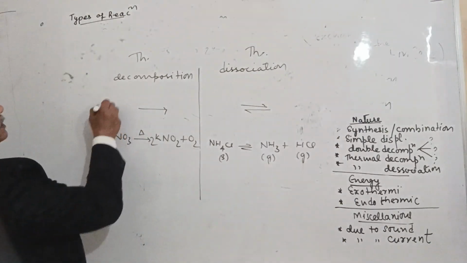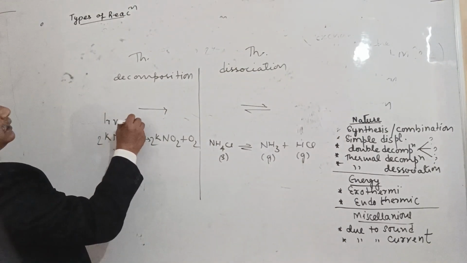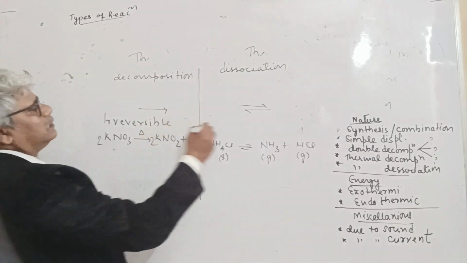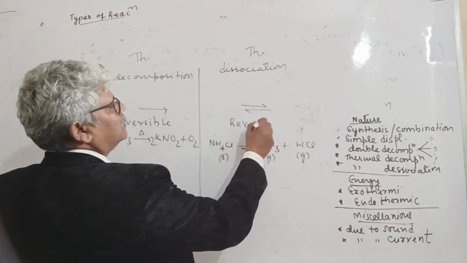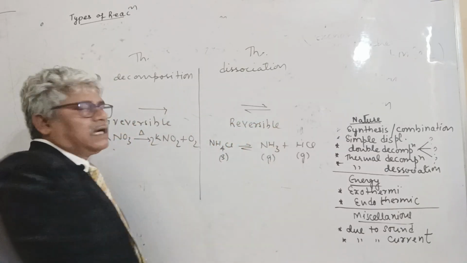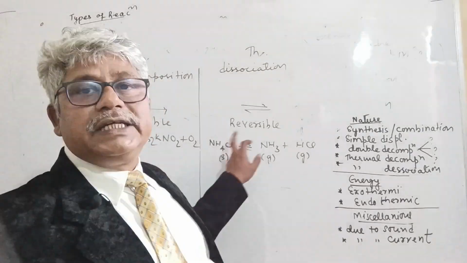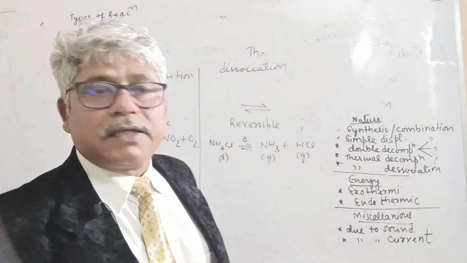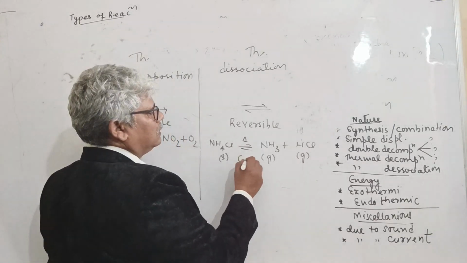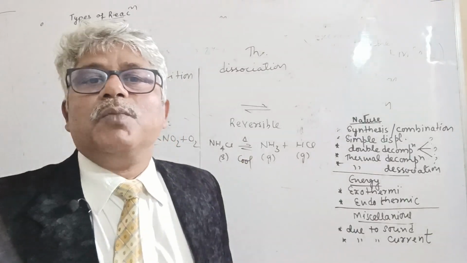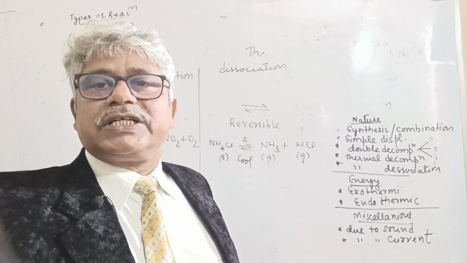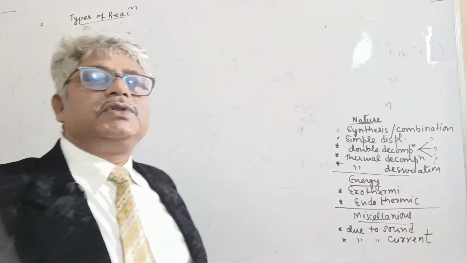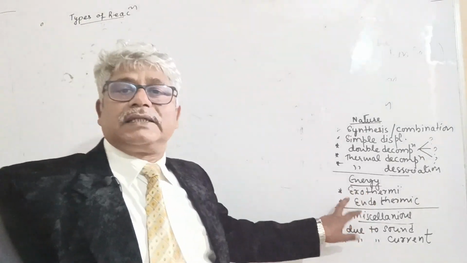So you can write these are irreversible, these are reversible. That is, when the condition changes, if you are heating, it is giving ammonia and HCl, hydrogen chloride gas. But if you are cooling, then it might as well move in backward direction. Now these two can be done together.